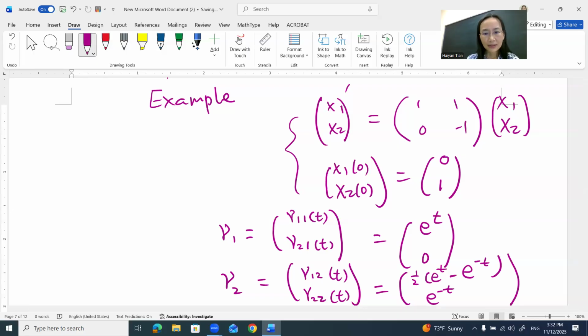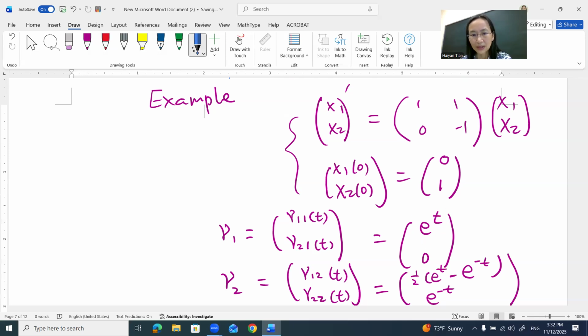So after we solve this for gamma 1 and gamma 2, we can find the fundamental matrix. It's easy to check the initial data. When t is 0, gamma 1 is 1, 0.